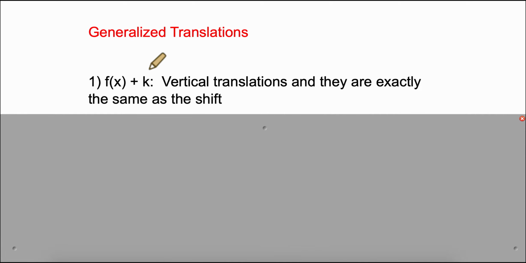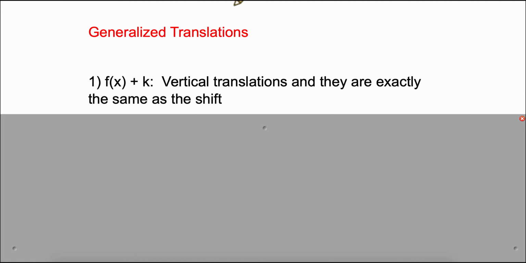So the first one, f of x, I take any function and I add a value k to it. It is a vertical translation. So anything on the outside is a vertical translation, and they are exactly the same as the shift. You may want to write that down. So this is a translation that is on the outside, right?